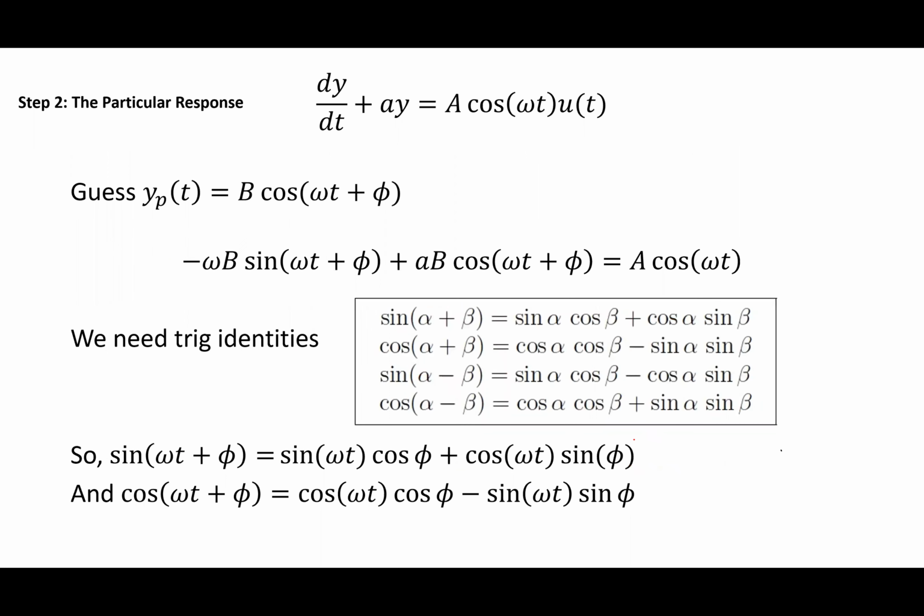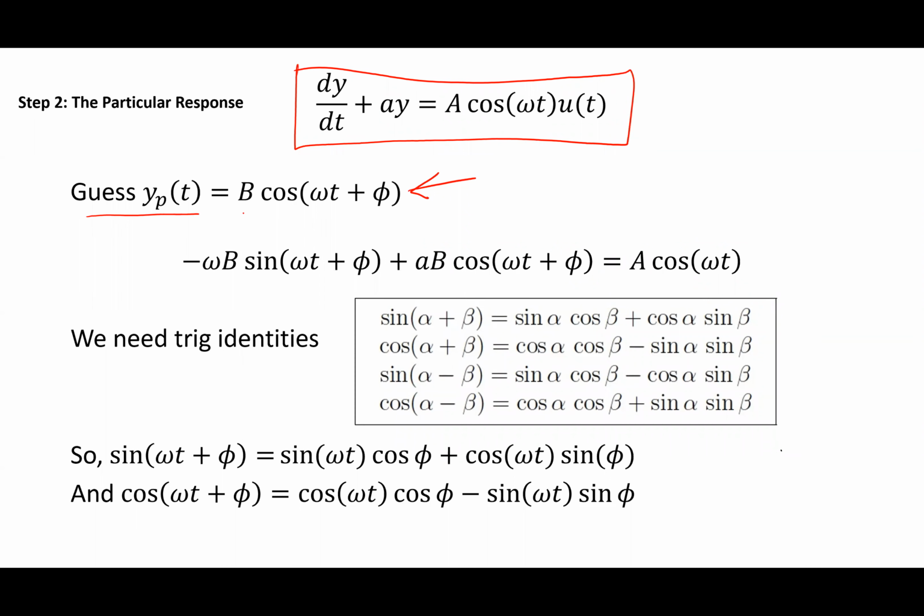What I did then is I said, okay, well, what about the particular solution? I went through this very quickly, and I'm not going to go through it in detail today. But this was our original equation. What I said is I guessed something of this form right here, b cosine(omega t plus phi). What does that mean in words?